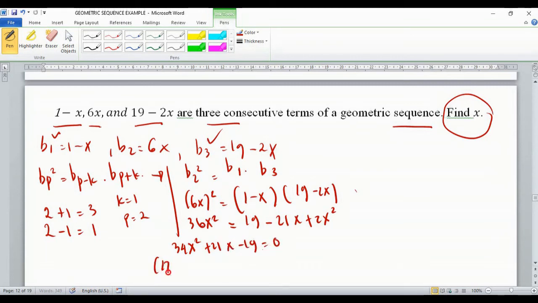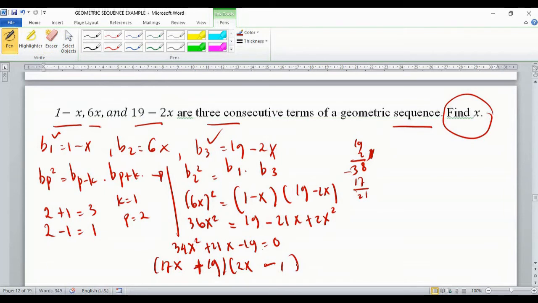From here we factor: (17x plus 19)(2x minus 1) equals 0. Sorry, this sign should be plus and this one should be minus.